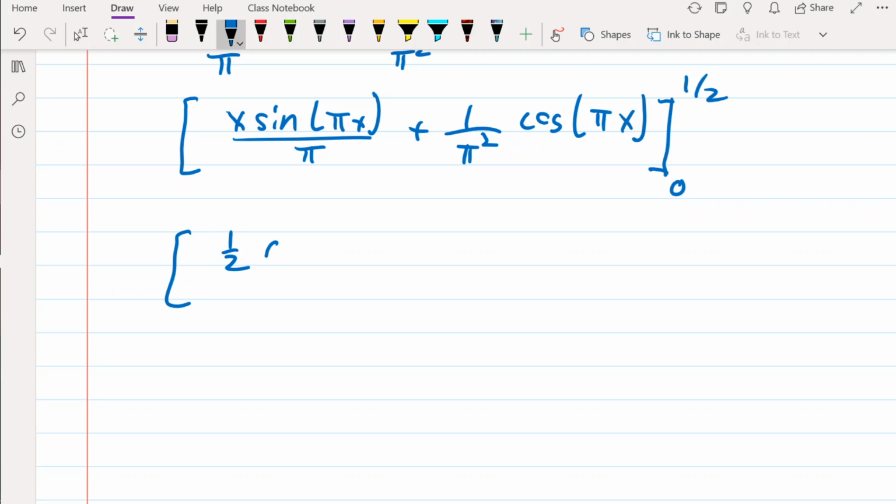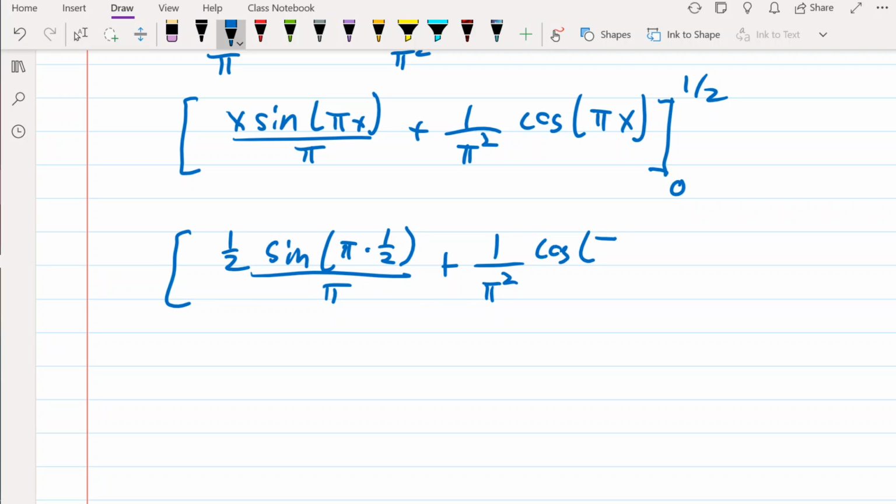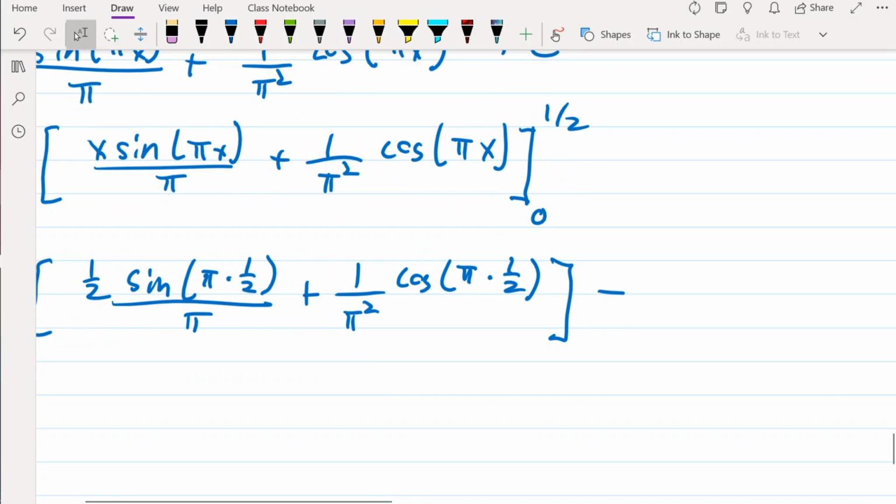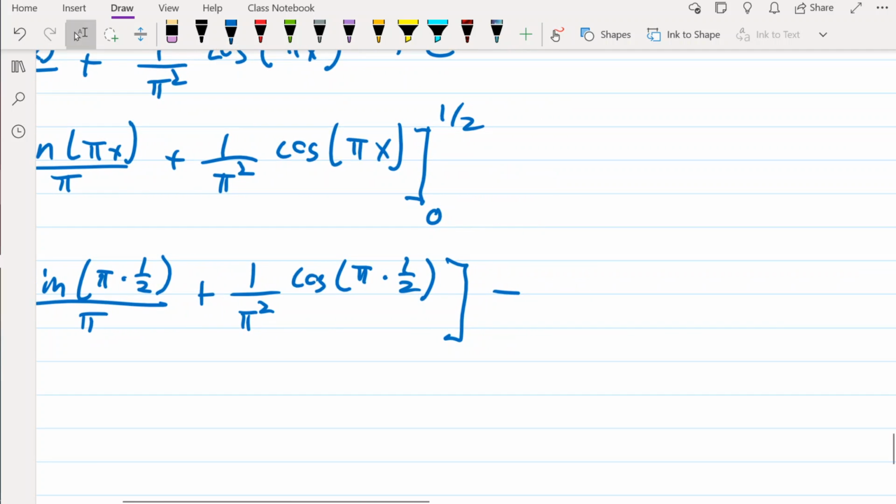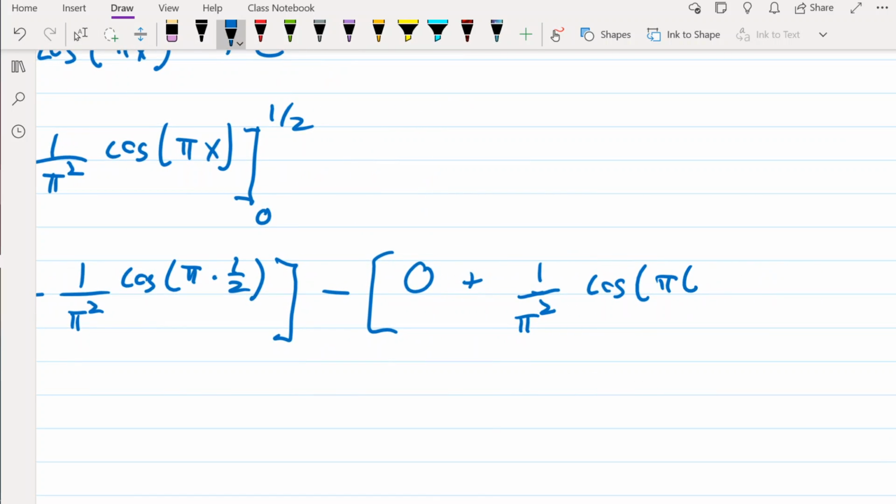I have 1 over 2 sine of pi times 1 over 2 over pi plus 1 over pi squared times cosine of pi times 1 over 2. We're all going to be subtracted from 0 times sine pi x over pi, which is going to be 0, and then plus 1 over pi squared cosine of pi times 0.